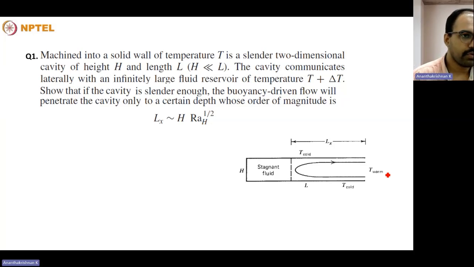So we can try to solve this. It requires scaling analysis and we need to prove that this formula is satisfied.